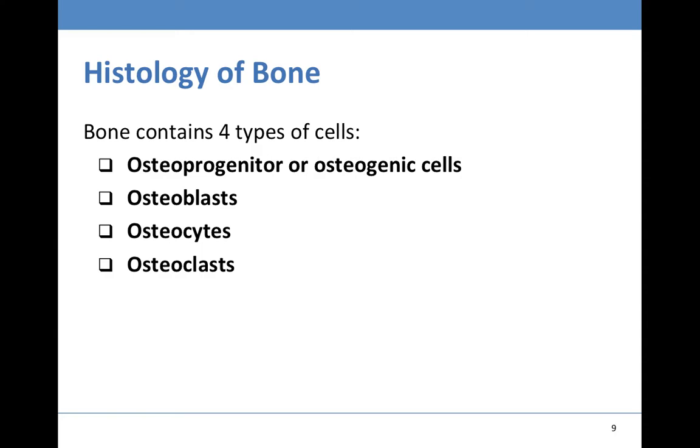In the cells, we have four principal types. We have the osteoprogenitor or the osteogenic cells. So remember we just said those osteogenic cells were within our periosteum helping us to grow in width. We have our osteoblast. When we were talking about cell types, we said that the blast cell was the builder cell.